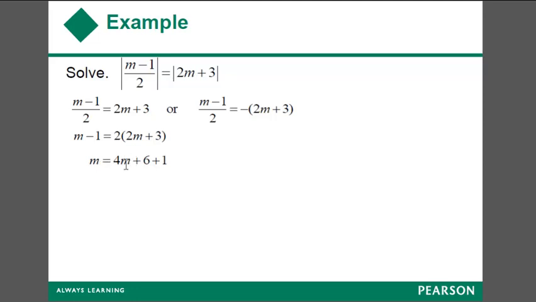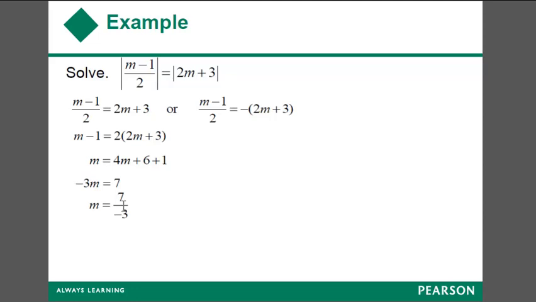I now need to subtract the 4m from both sides, and I'll get negative 3m plus 7. I got the 7 by adding the 6 and the 1. I can now divide by a negative 3, and I get m is equal to negative 7/3.